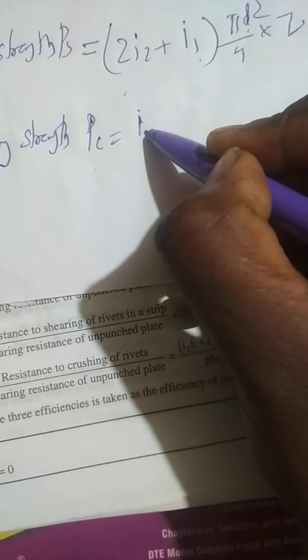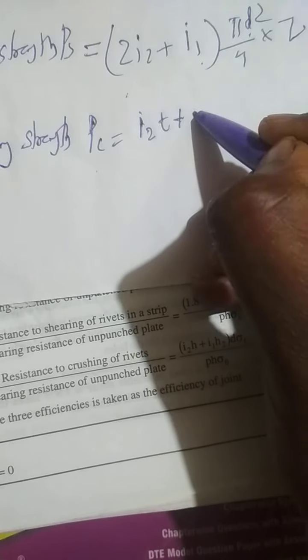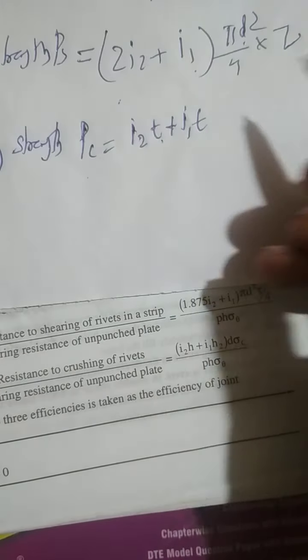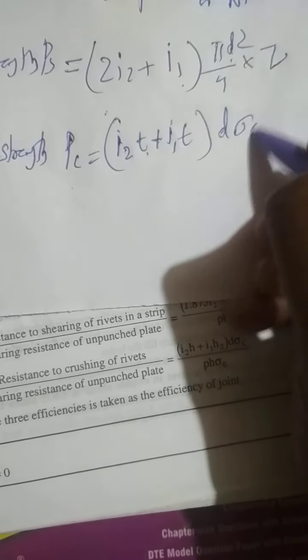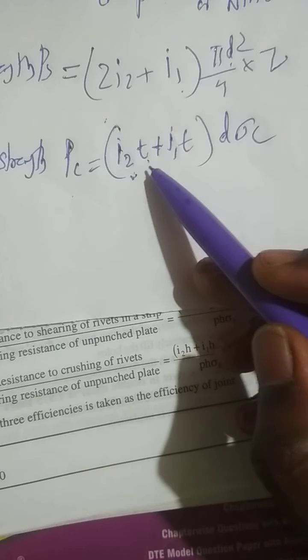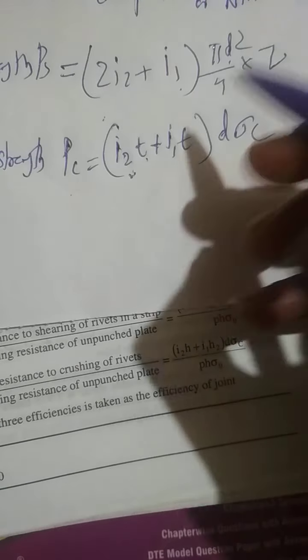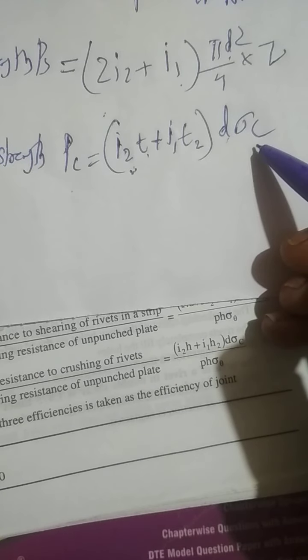Pc is equal to (I2 into t plus I1 into t2) into d into sigma c. I2 means number of rivets in double shear, t thickness of plate, I1 number of rivets in single shear, and t2 is the cover plate thickness, d is the diameter of rivet hole, sigma c crushing stress.